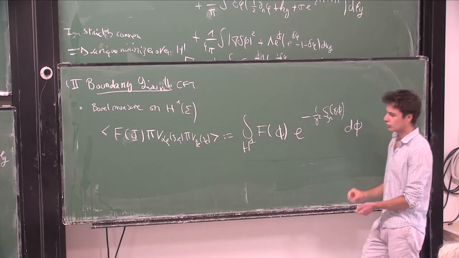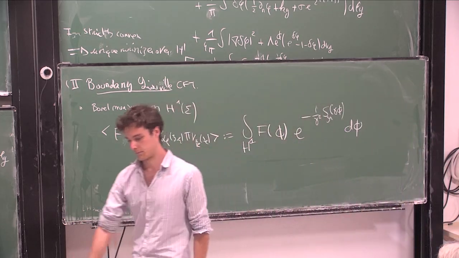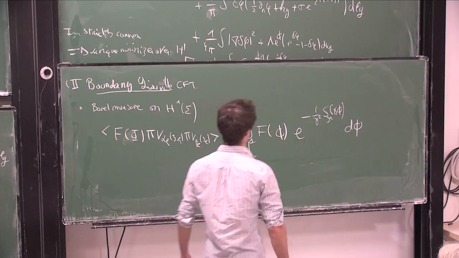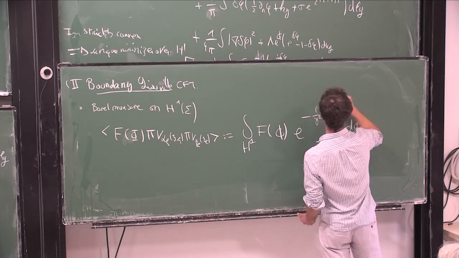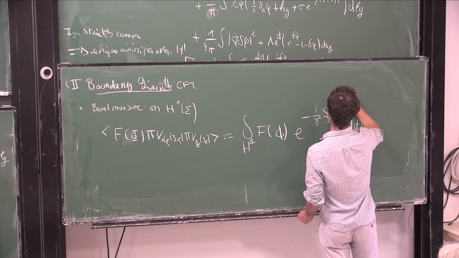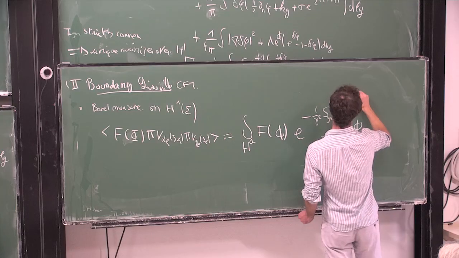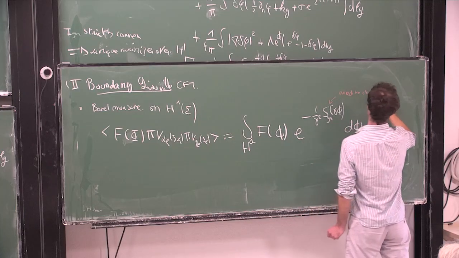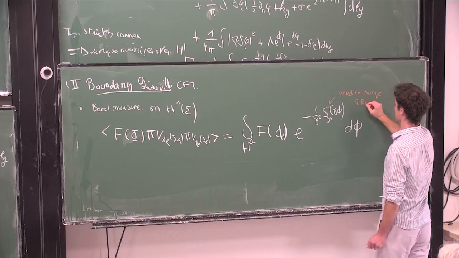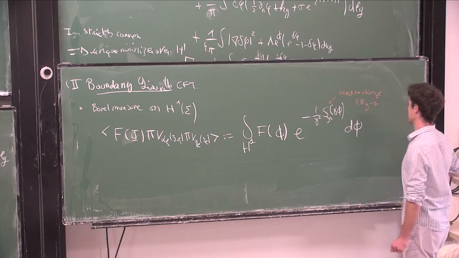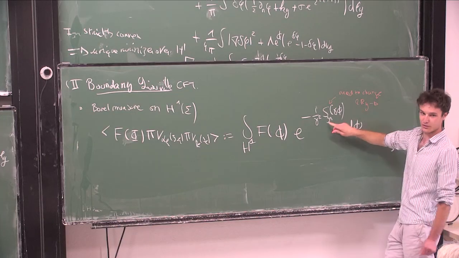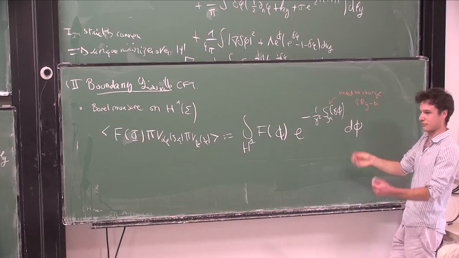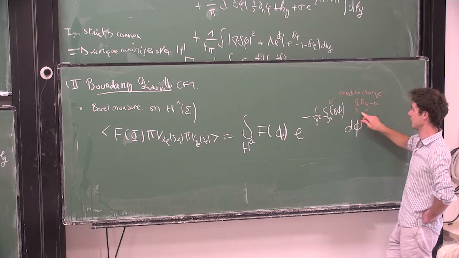The thing is, you need to change a bit your action if you do that. So basically, the term 2 R g needs to be changed. What you would get heuristically is a 2 over gamma R g.